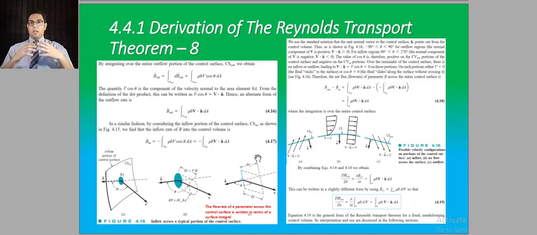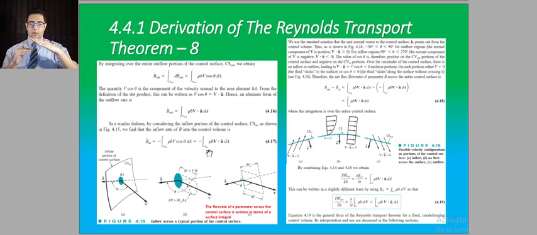Here I'm going to illustrate to you how the derivation of Reynolds transport theorem is going to be applied in the mathematical calculation. As you know, we have the cosine theta in the equation, which means that if we have an angle, the cosine calculation is going to affect the sign of the integral.